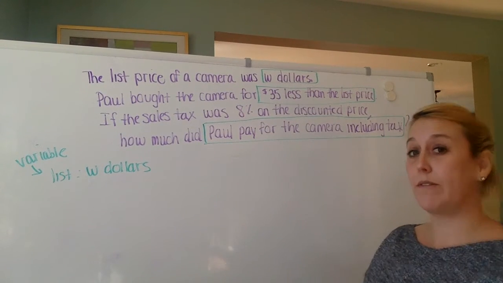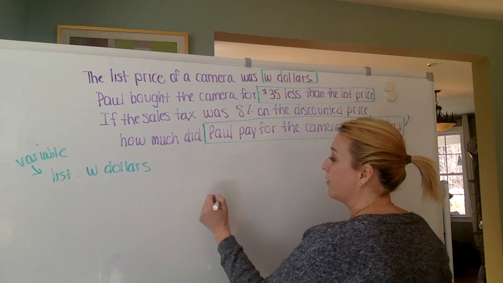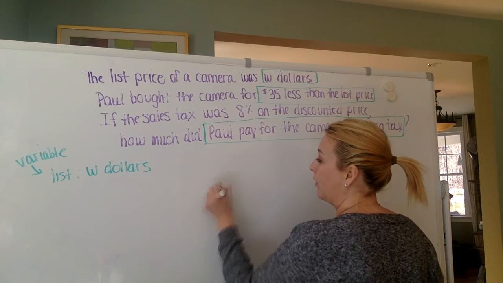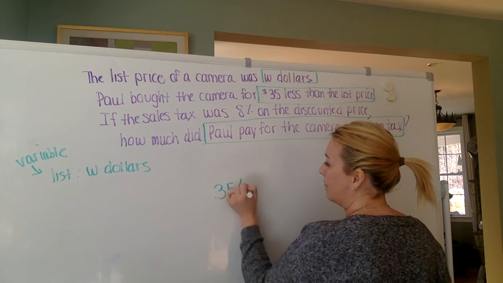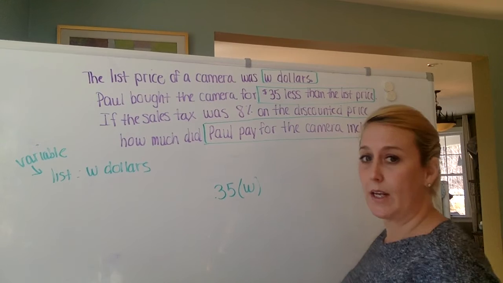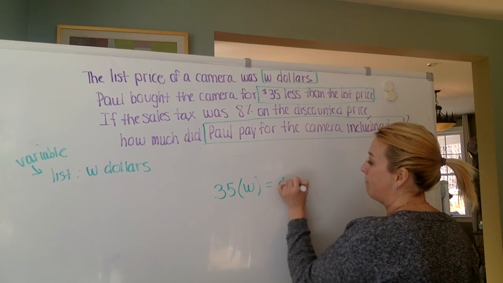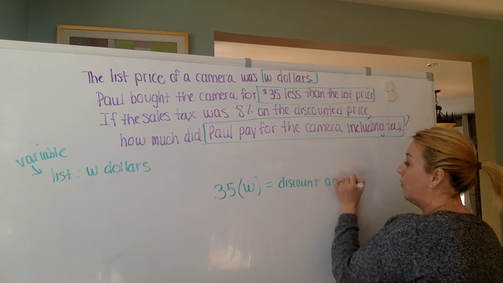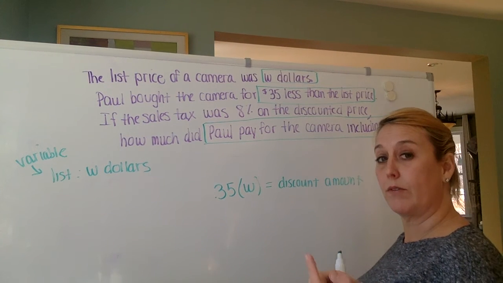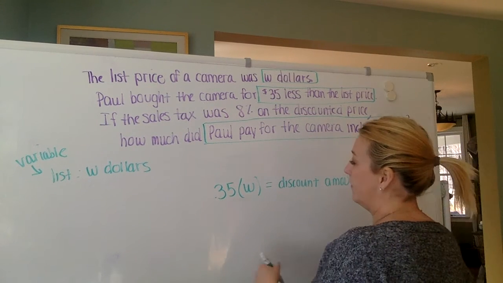So this isn't 35% less or 10% less. If we had 35% less, we would just multiply 35 times W, right? And that would give us the discount amount. Or if I wanted to look at it in reverse, I would have to take a discount amount off of the full price.